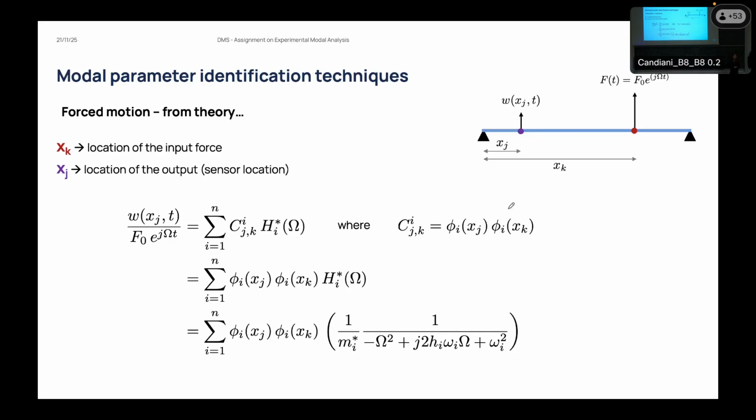Because in that part, you have just the modal parameters you are interested in, that are the natural frequency omega i, the damping ratio hi, and then the component of the mode shape number i in the location of the output and the input. So you are able to relate input over output to the modal parameters.